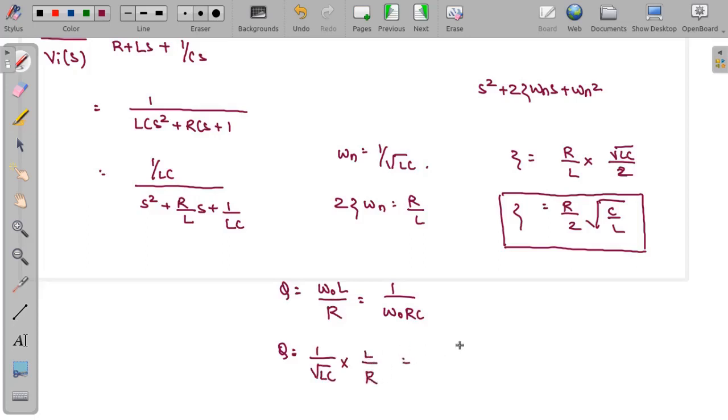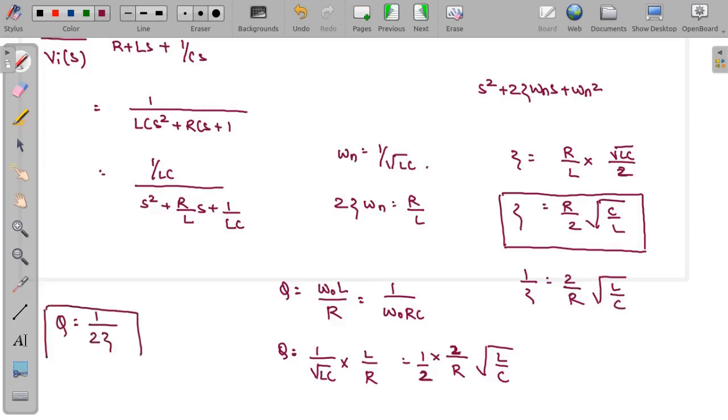So this is actually 1 by R under root of L by C. Now if you compare it with zeta, if I multiply with 2 and divide by 2, you can see 1 by zeta is equal to 2 by R under root of L by C. So basically this quantity is 1 by zeta. So I can write quality factor is equal to 1 by 2 zeta.